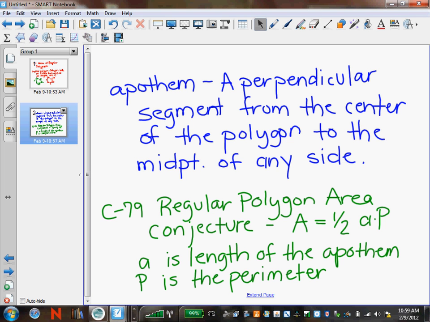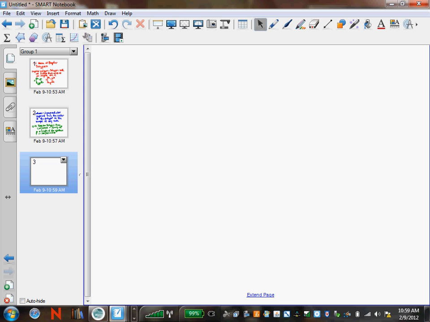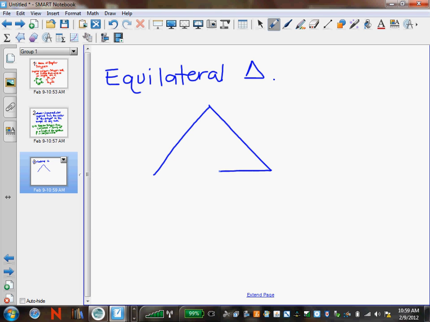Okay, so let's look at some problems. We are going to start with an equilateral triangle. Okay, so let's look at a triangle. This is what is given.